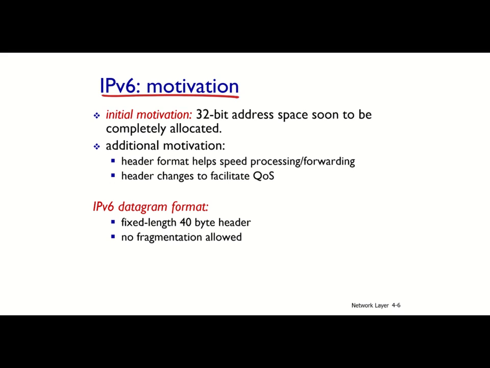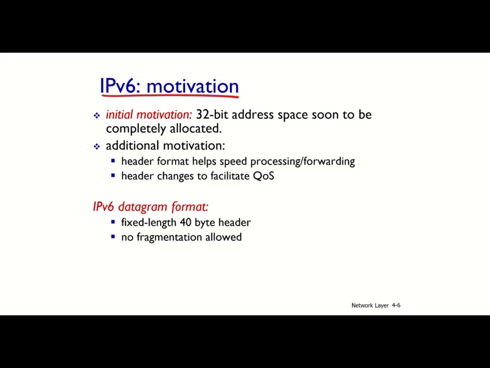The initial motivation of upgrading IPv4 was that the 32-bit address space is too small for many devices that are going to be online and be connected to the internet.